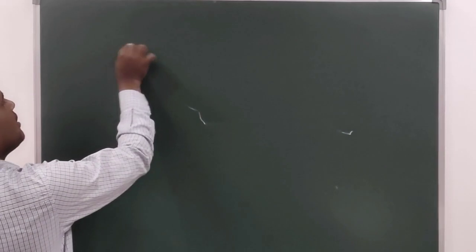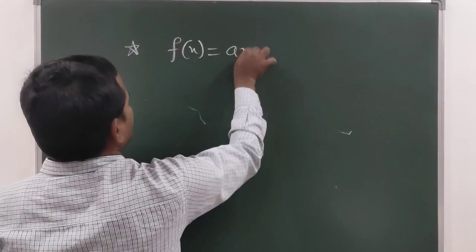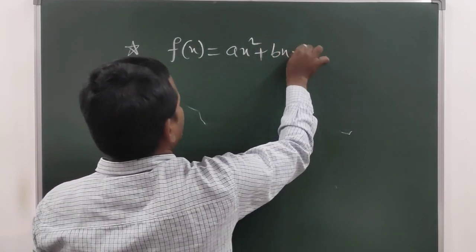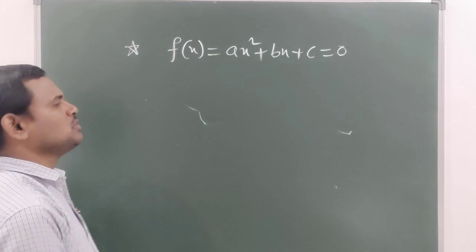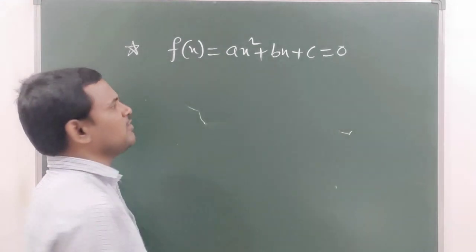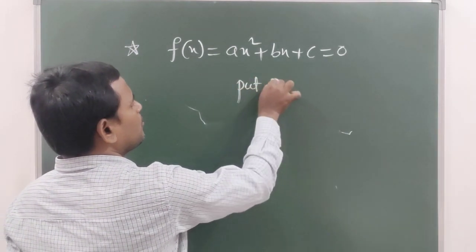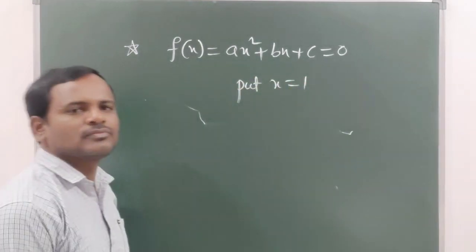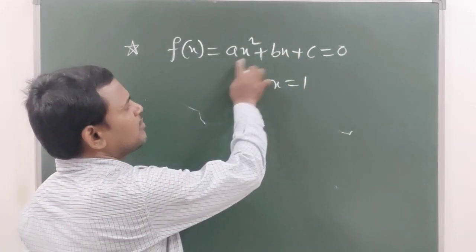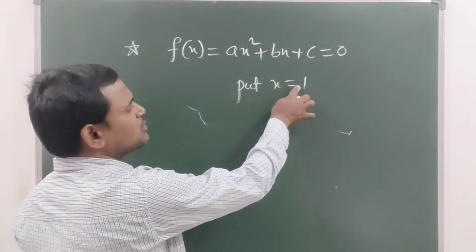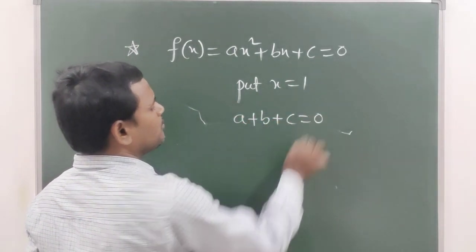See, once write the quadratic equation, f of x is equal to ax square plus bx plus c is equal to 0. Suppose you consider 1 is one of the roots of the quadratic equation, put x equal to 1. Then replace this x by 1, you get a plus b plus c equal to 0.